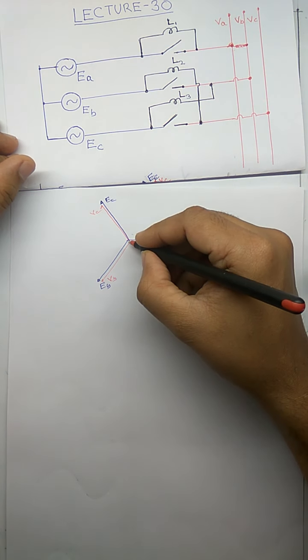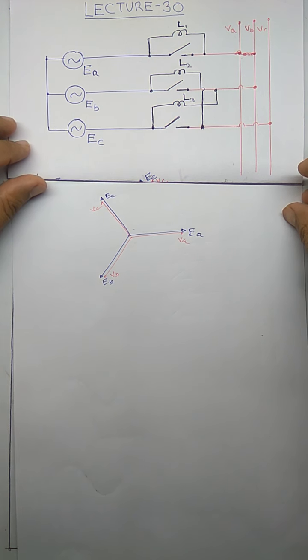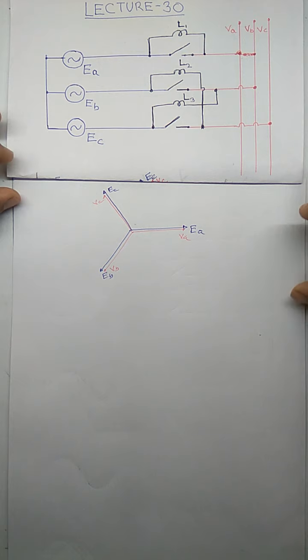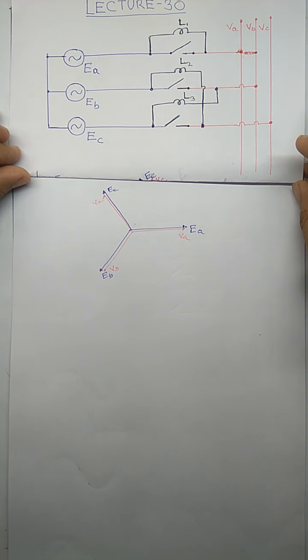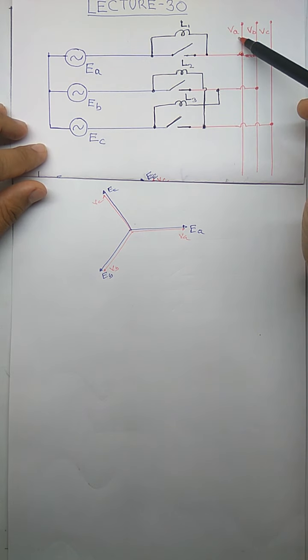Their magnitude is already constant. How have we made the two magnitudes constant? By adjusting the field current. We have measured the magnitude by a voltmeter and we have used the field current to make sure that these two magnitudes are constant.